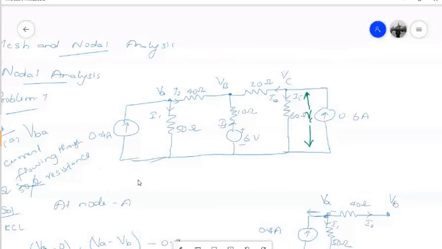You have written VA minus VB, but it should be VB minus VA. Yeah, but look at the voltages that have been obtained. Look at the voltages obtained, and what is at a higher potential?